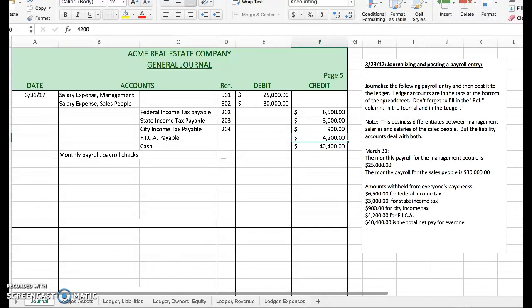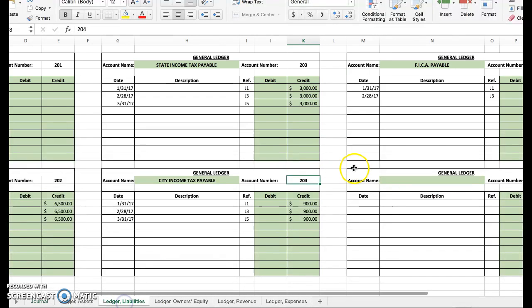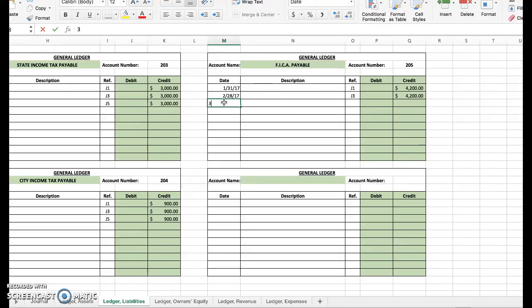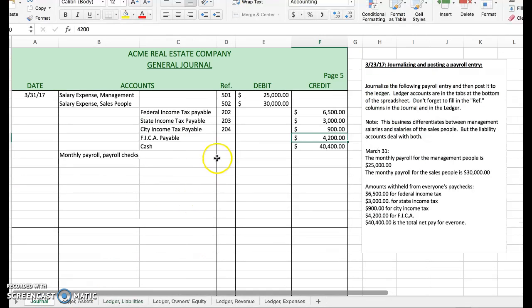FICA tax payable is credited by 4,200. FICA tax payable. Again, J5. And that's account 205. Back in the journal, it's 205.